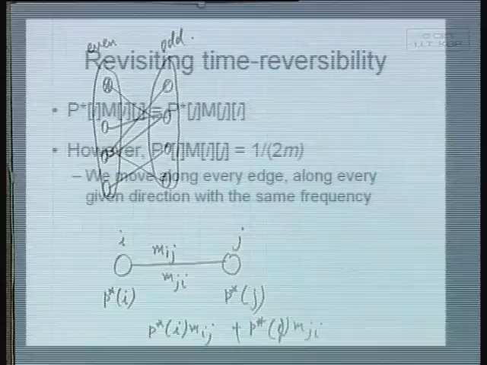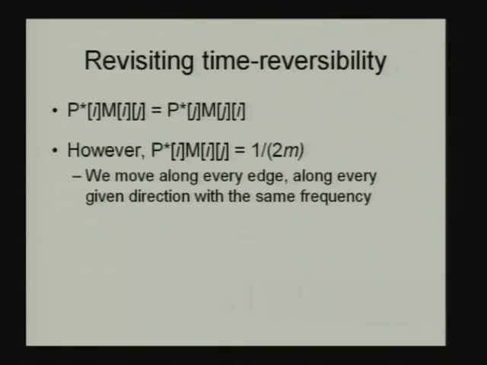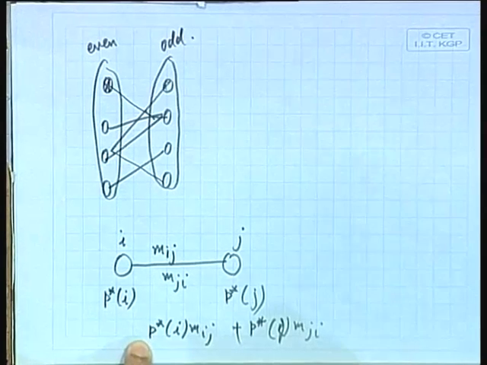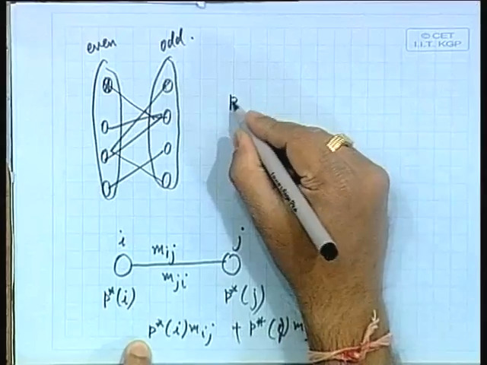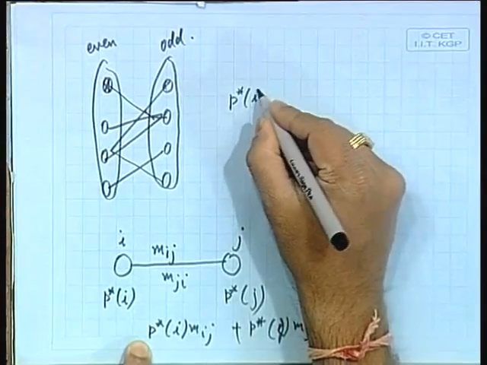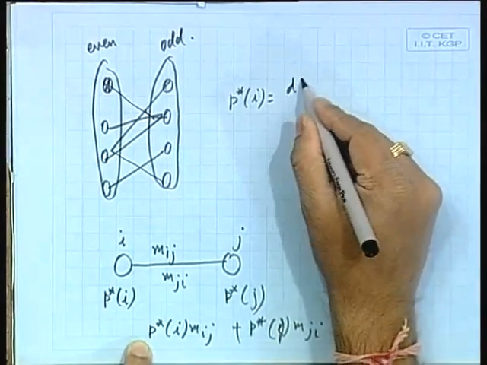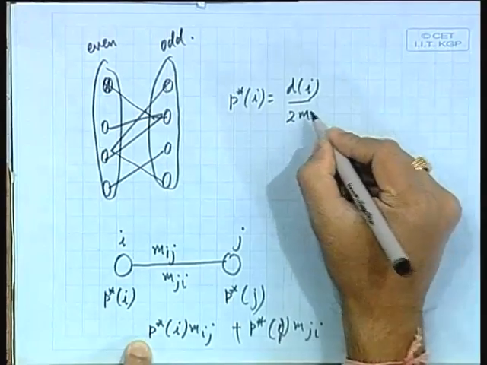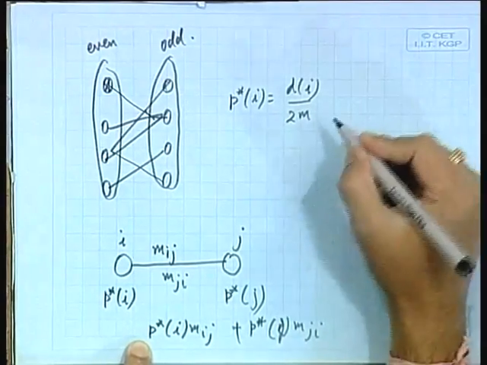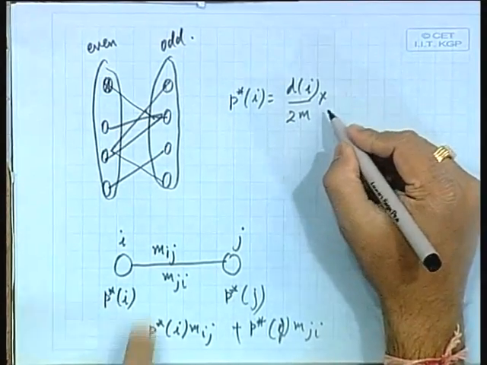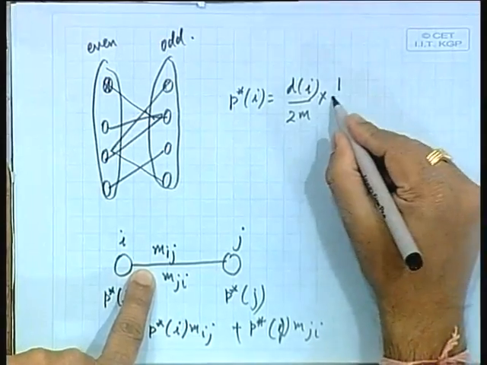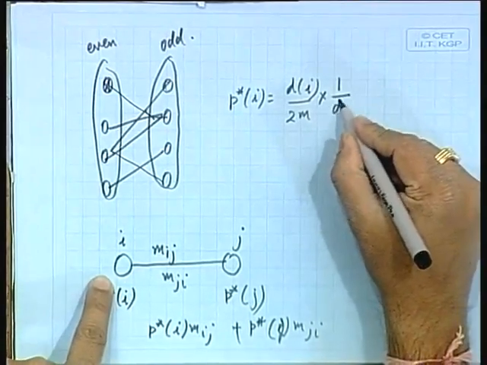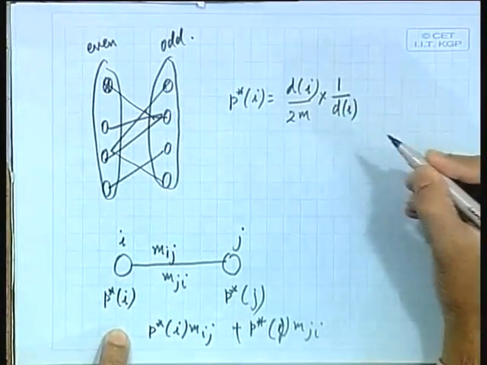turns out that both of them are the same, because remember what is P star i for an undirected graph? It is di by 2m, and what is Mij? Since the edge exists, it is 1 by degree of i.